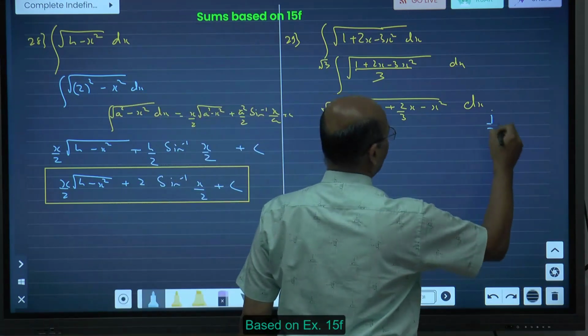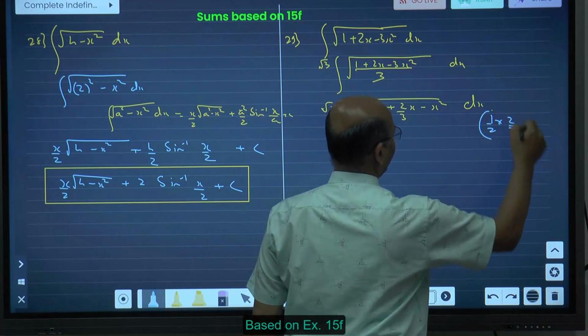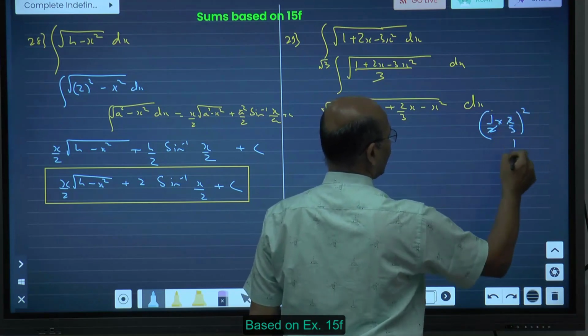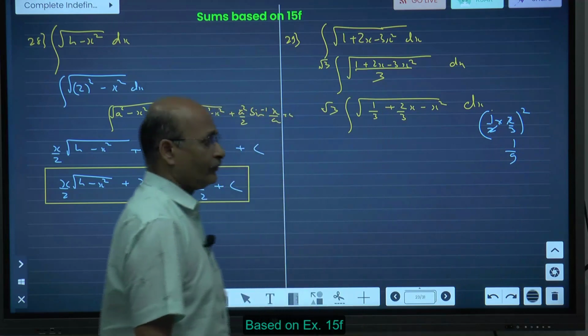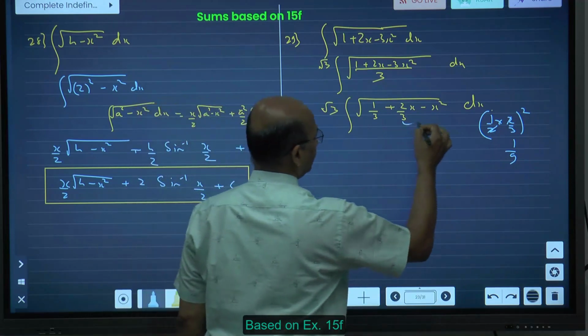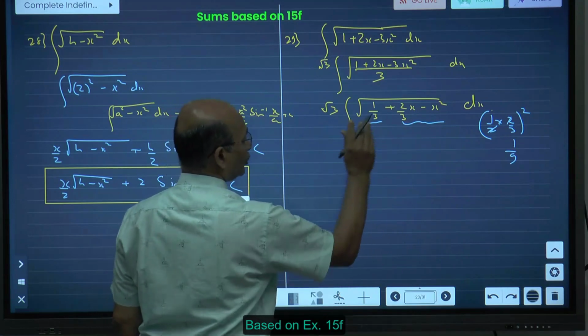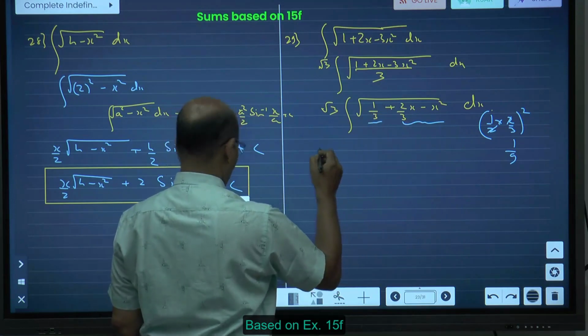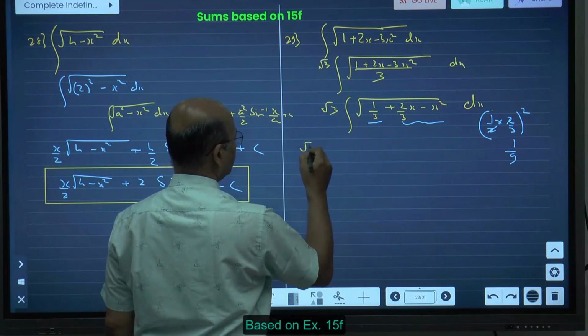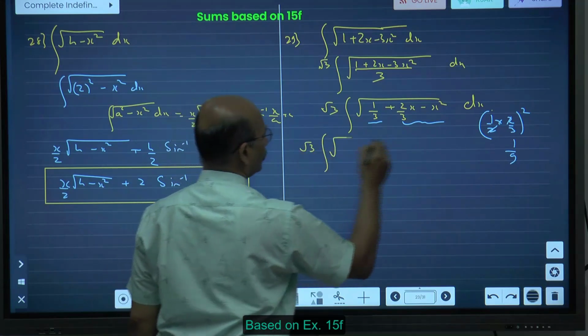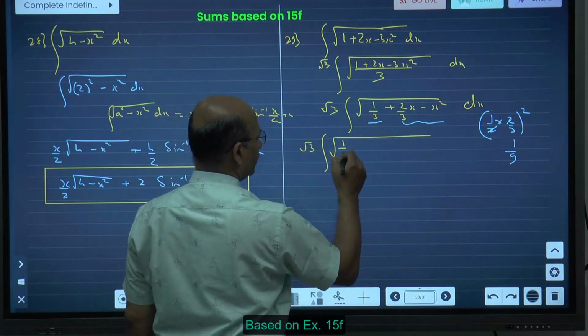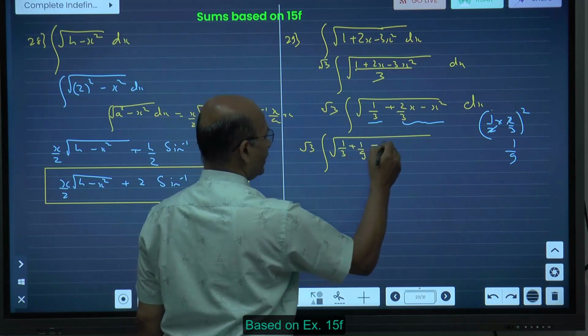So, half into 2 by 3 whole square. Everything inside the root. 2 gets cancelled, 1 by 9. So this with x, this will be one pattern, the constant. So as it is a minus sign, I told you add and subtract right away. So this will become root 3 integral root 1 by 3 plus 1 by 9 minus 1 by 9.